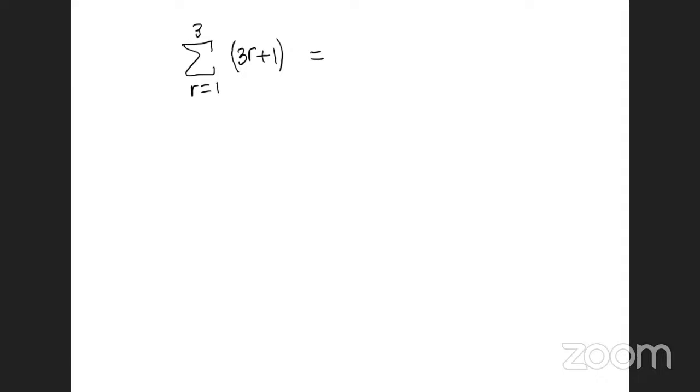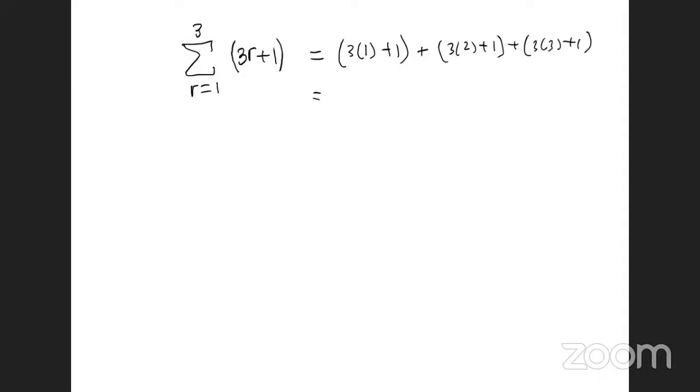So the first term is what? The first term is 3 by 1 plus 1, then 3 by 2 plus 1, and then 3 by 3 plus 1.